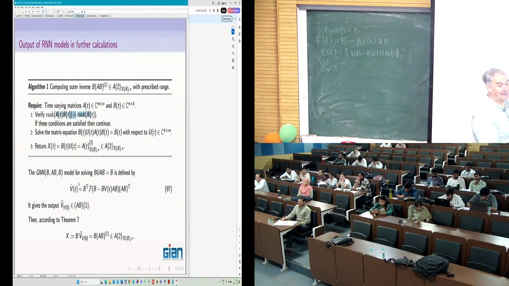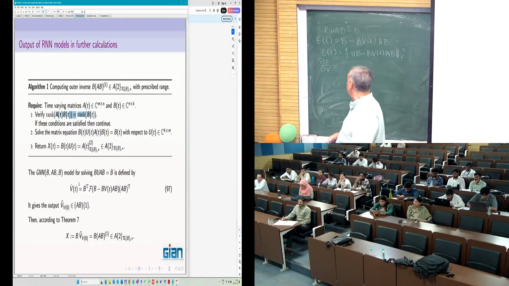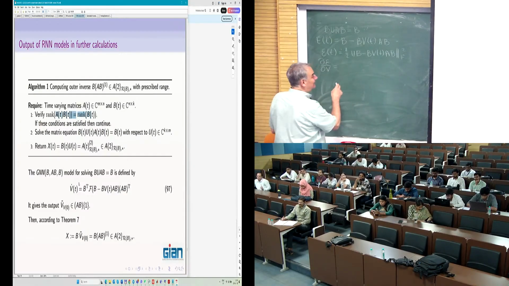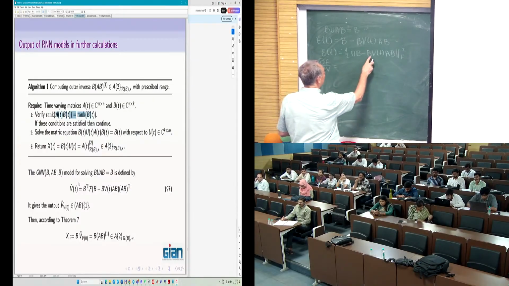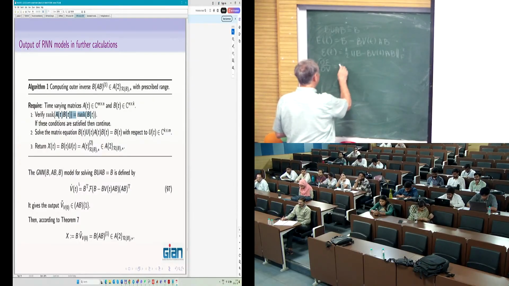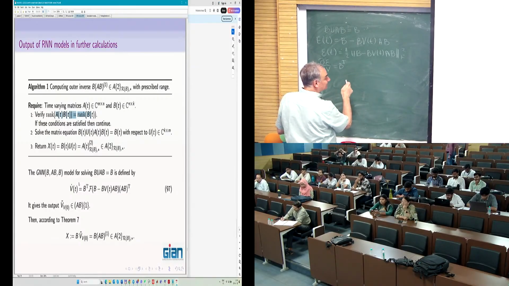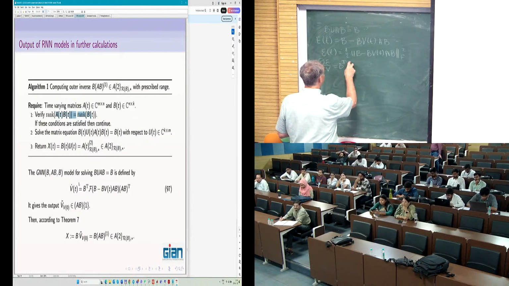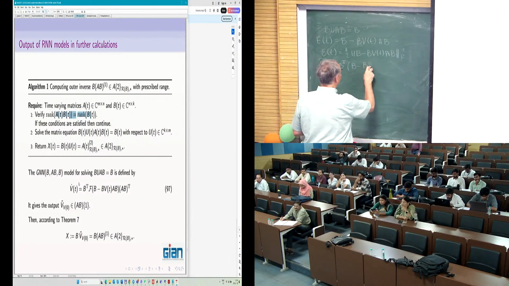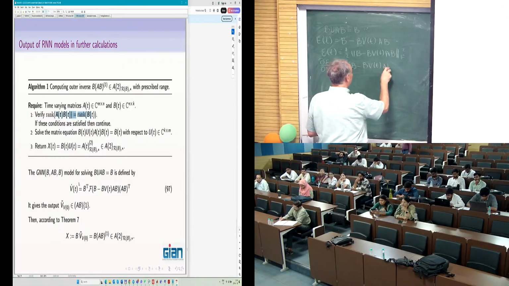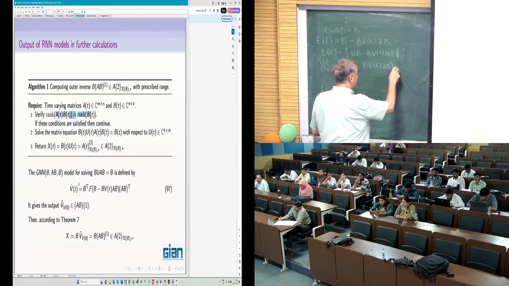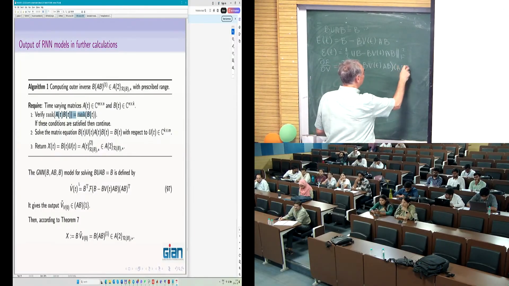Where is gamma here? Question for the professor, where is gamma here? B is in front of V of t. B minus B V of t AB, and then AB transpose.